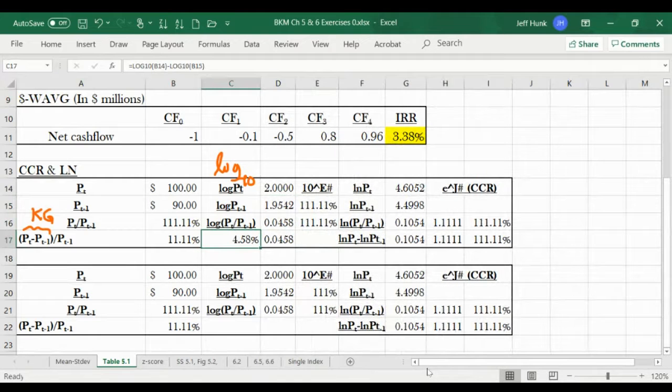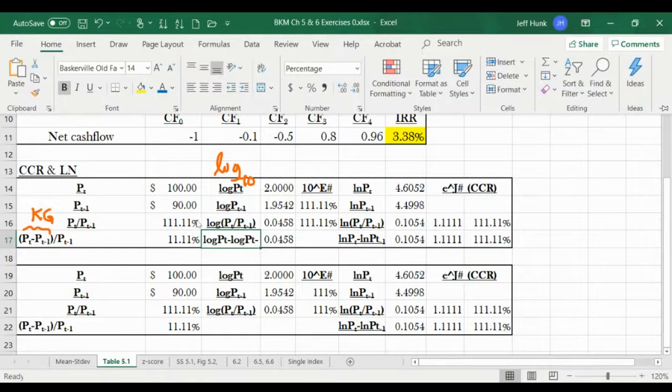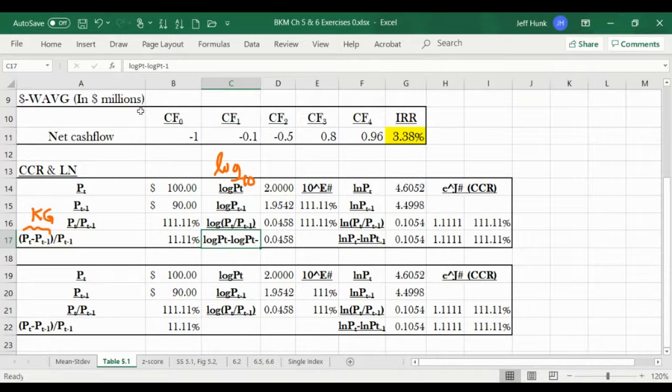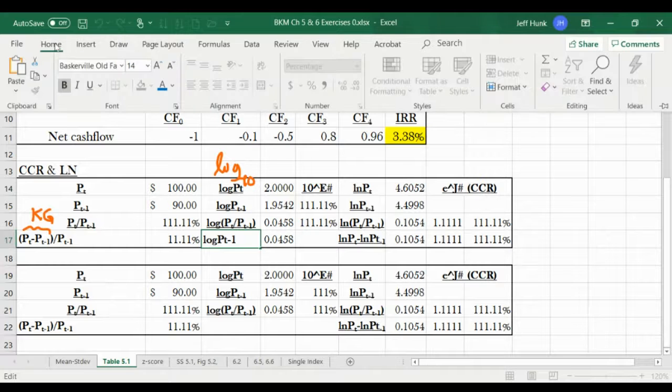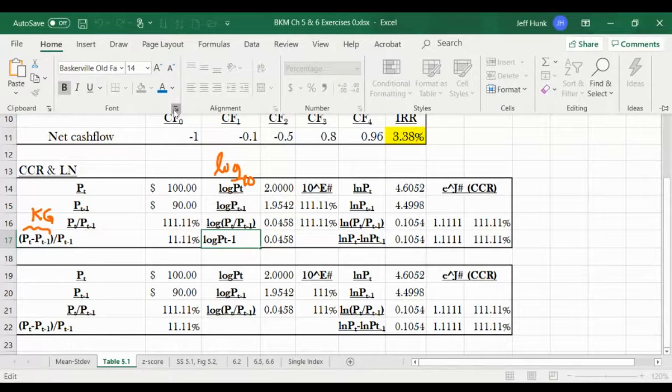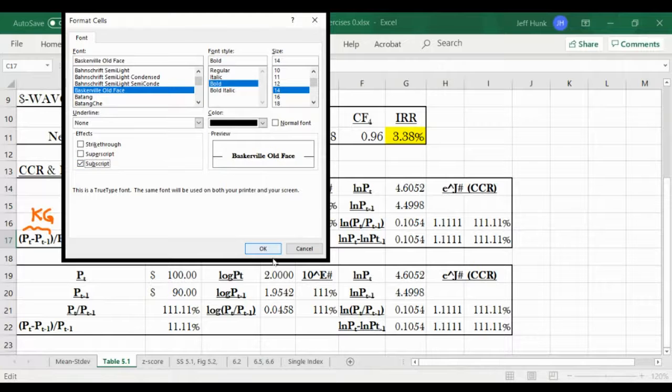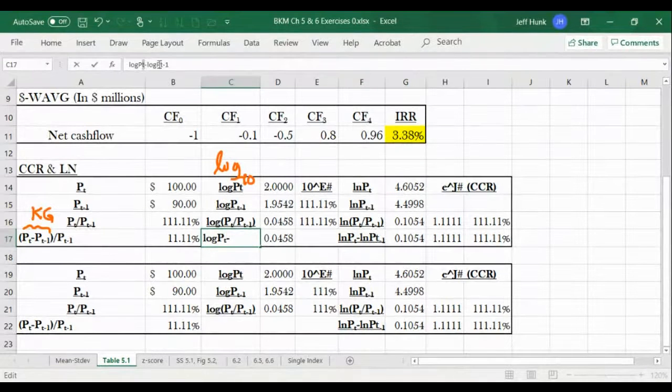And here, I will enter, make that a subscript, and also this one a subscript.